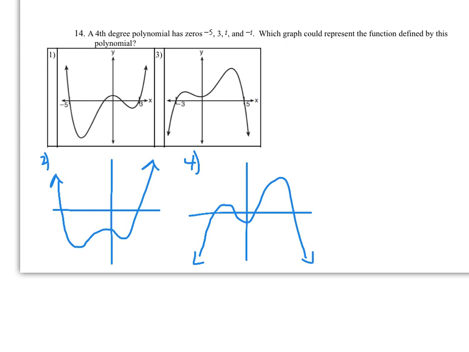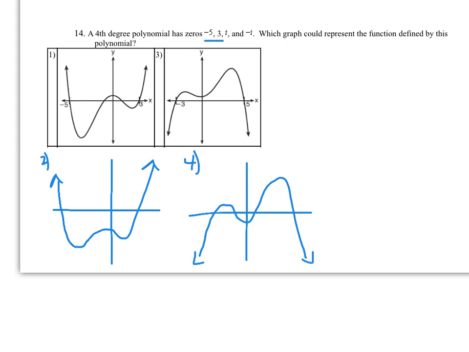Okay. Now, so let's look here. First of all, they're saying that the zeros are at -5 and 3. And you can see, if we look at choice 3, this is not -5, and that is not +3. Also, I didn't draw it, but you have it on your sheet that this is a -3 and this is a +5, which is not what I have up here.